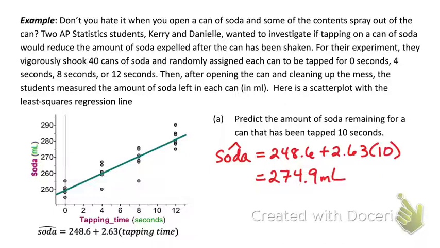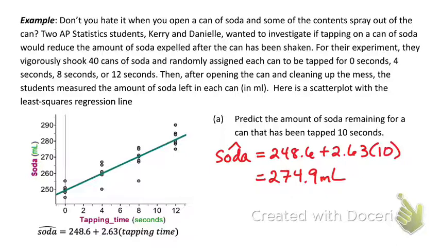Okay, it's really close to 275, 274.9 milliliters. Do you guys have any questions on how to predict that value? I would do one or two significant figures. Okay. Yes. All right, cool.